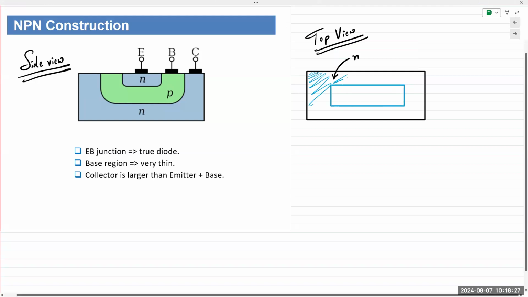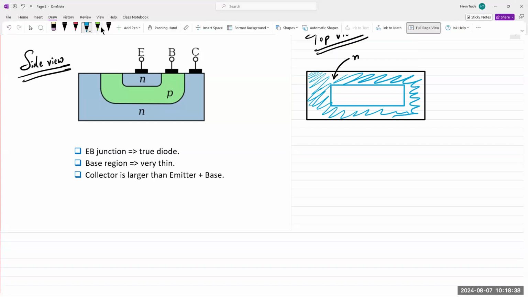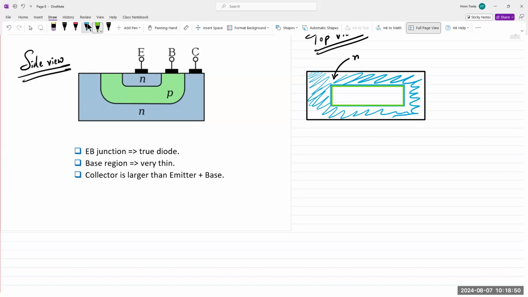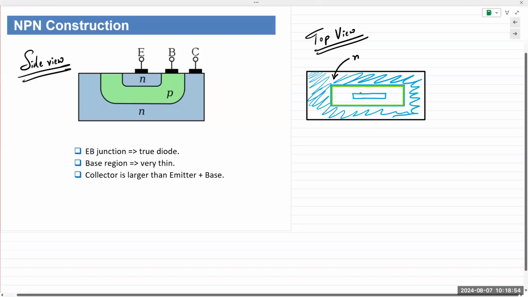Okay, so the region outside is all N-type material. And then you have the P-type material inside this. So this is all P-type. And then you again have the N-type material inside.